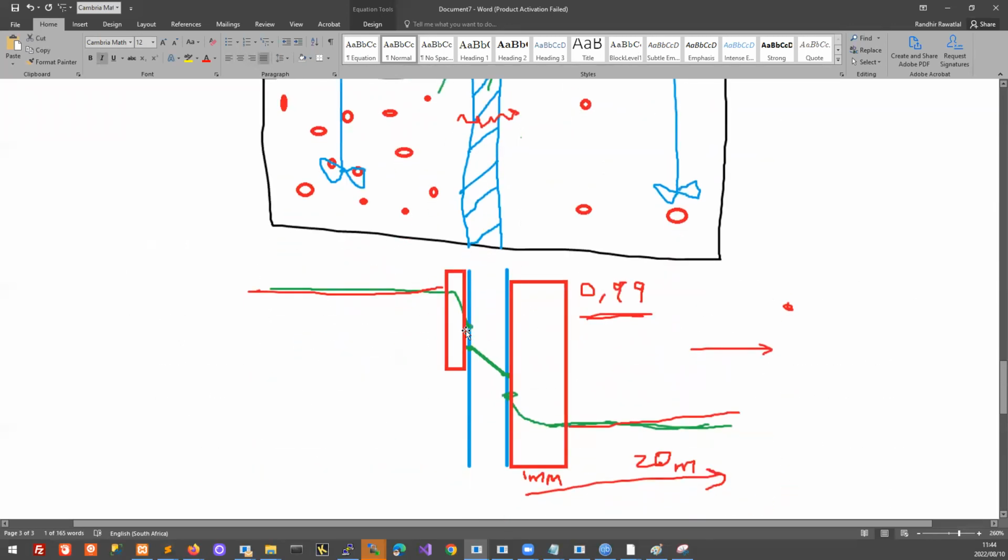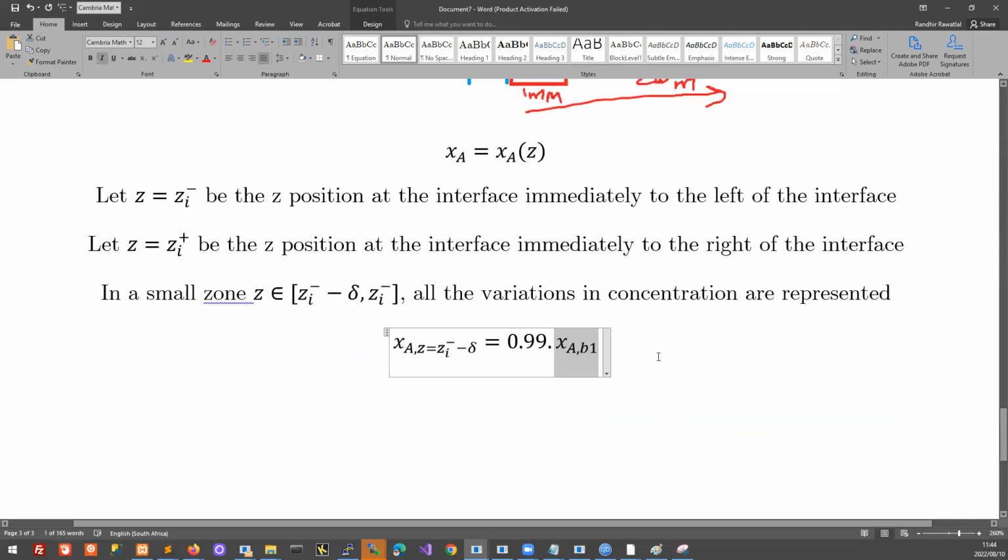And then we've got some other value on the other side over here. For that side, we don't have a strict definition, so we can just call that XA at the interface on the minus side.